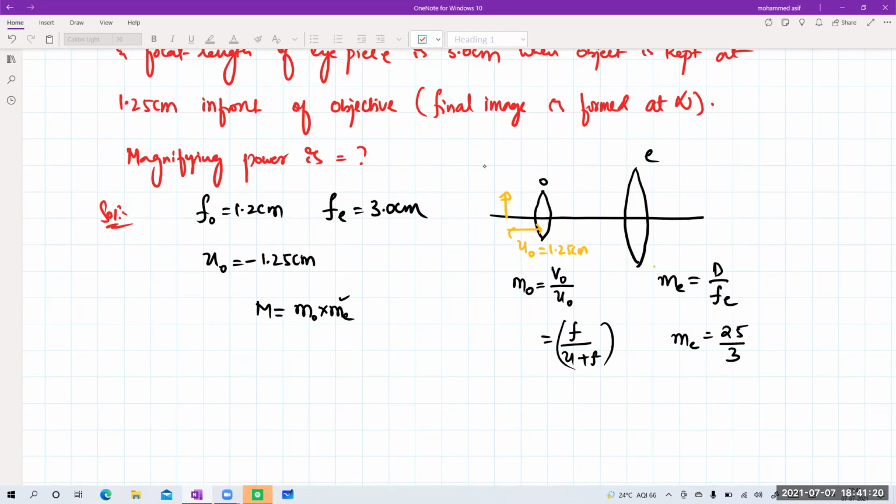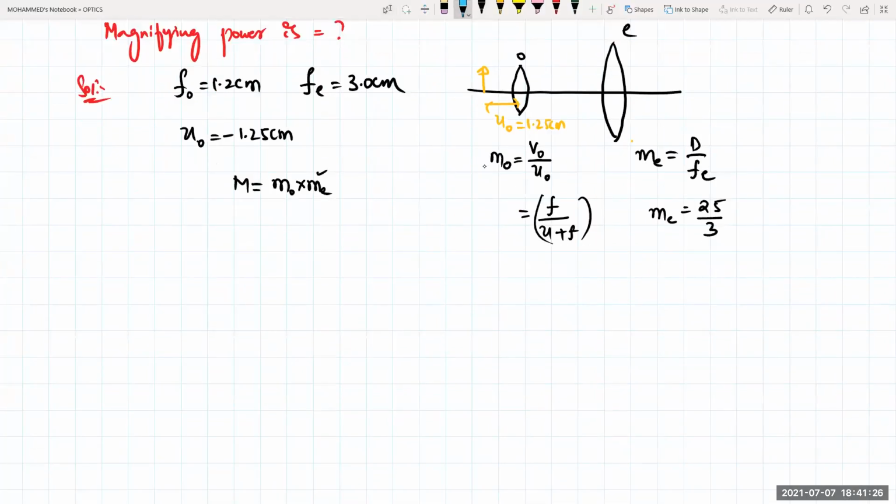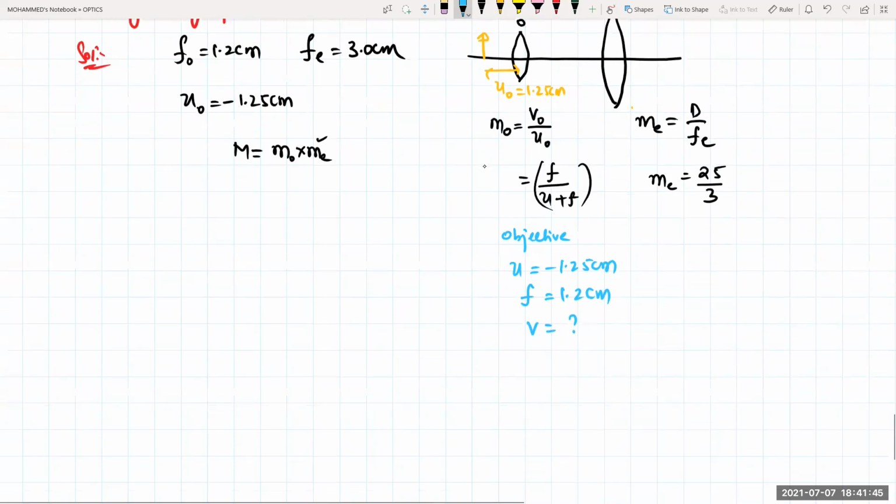Sir, from this we need to get the value of V naught. How do you get the value of V naught? Tell me the value of V naught for your eyepiece or for the objective. If I'm writing for your objective, what is the given data, beta? Object distance is equal to minus 1.25 centimeter. Focal length of this one is 1.2 centimeter. So we are getting 30, sir.